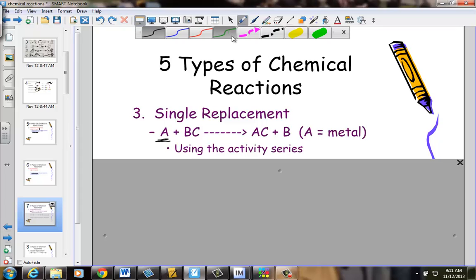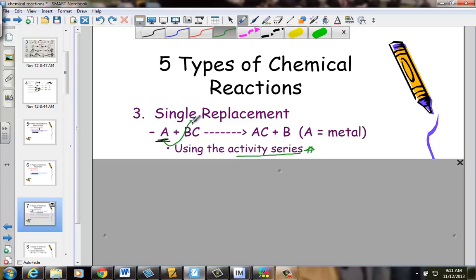And this is where we see if the element A is strong enough, if it can, and we'll use something called the activity series, a list of metals from the very strongest of strong to the weakest of weak. We check a little test-taking tool page you will receive called the activity series to determine if the reaction will occur. Element A has to be more active than B to kick it out of its compound and steal its partner.